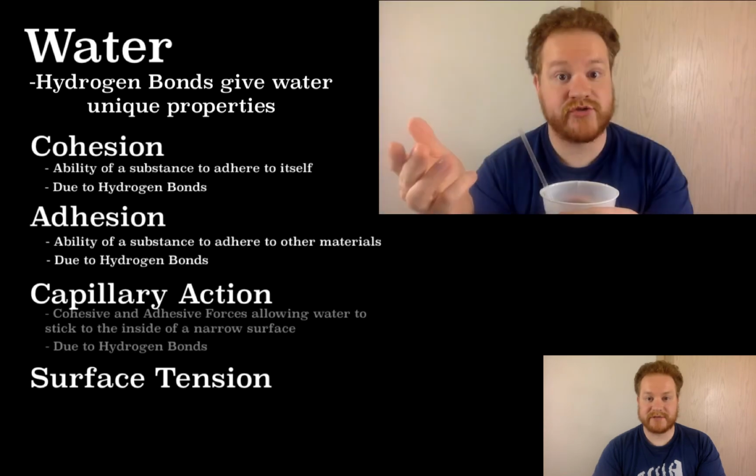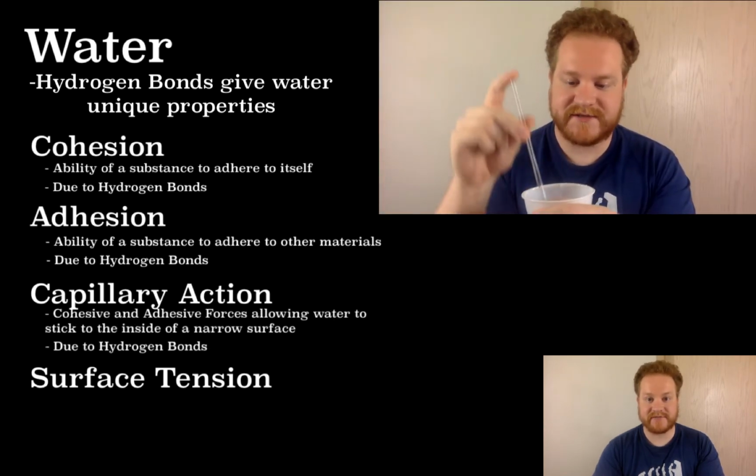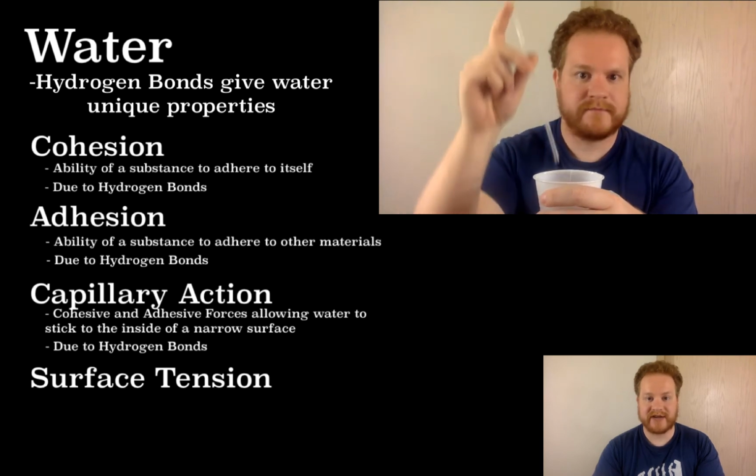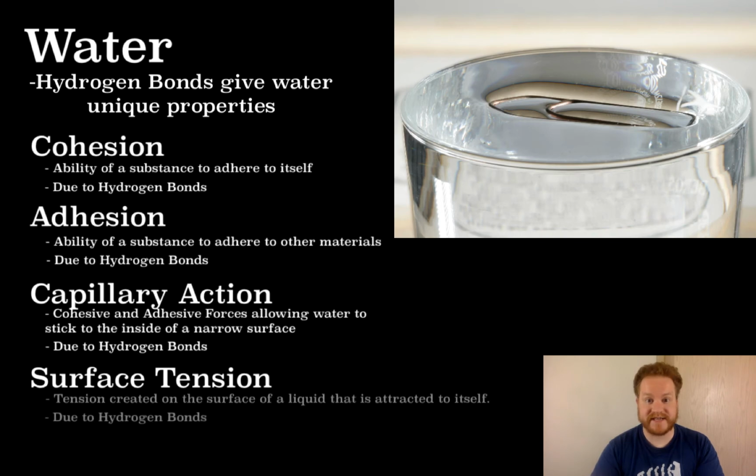We use straws to demonstrate capillary action, or the phenomenon that occurs when adhesive and cohesive properties work together to stay on the inside of a narrow surface. And finally, we talked about surface tension, the property of water that allows us to experience the joy of a belly flop.